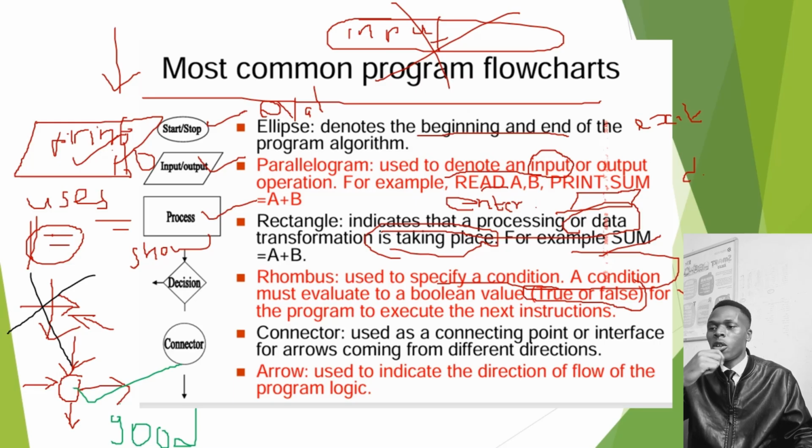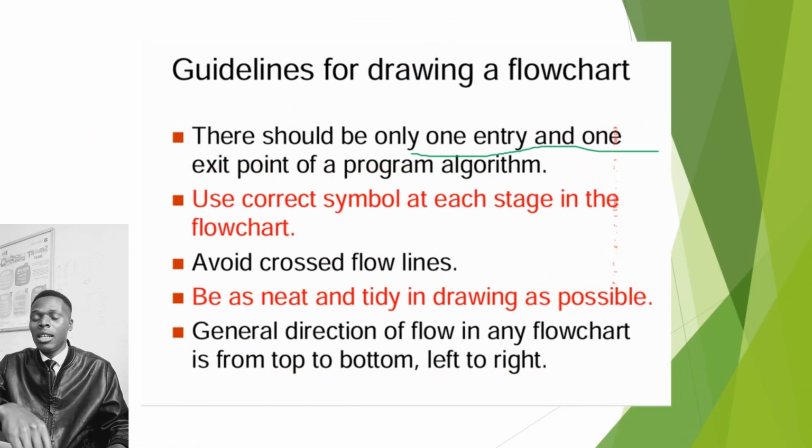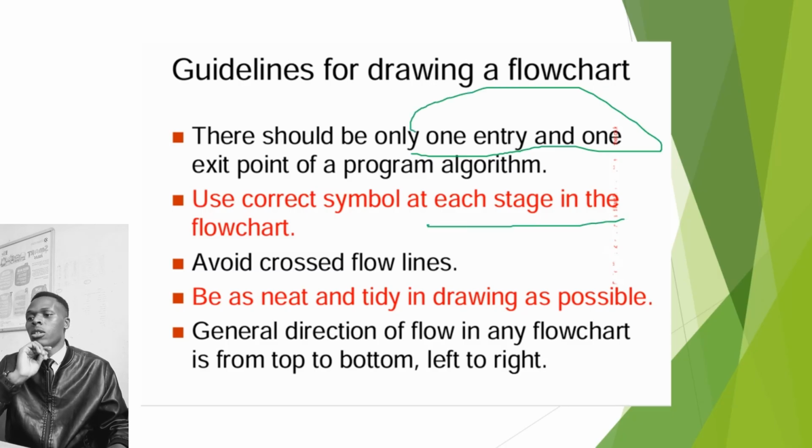So, guidelines for drawing a flowchart: there should be only one entry and one exit, as we said earlier on. Use the correct symbol at each stage, because that is key. We don't mix the idea. We only have a few symbols, so every symbol has its own work. Avoid crossed lines.